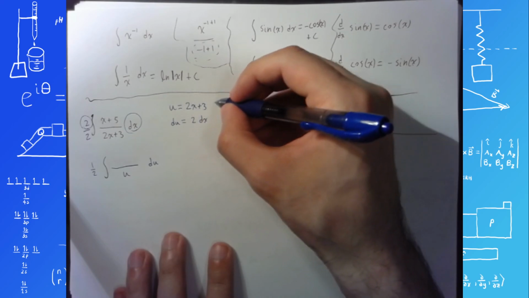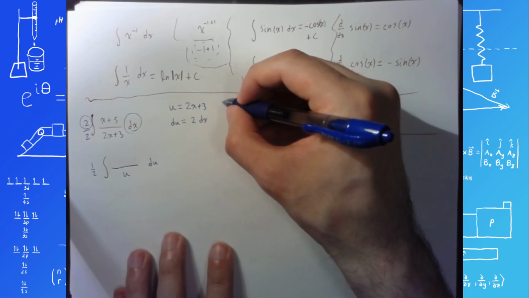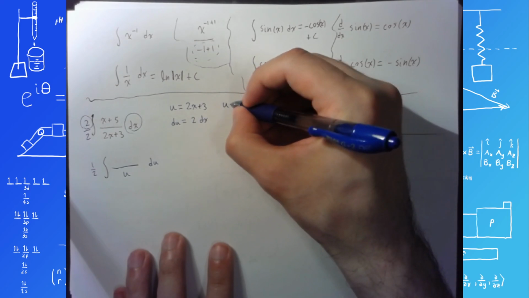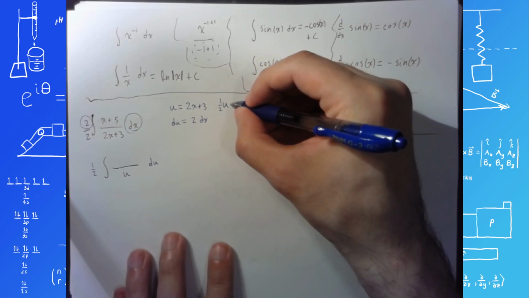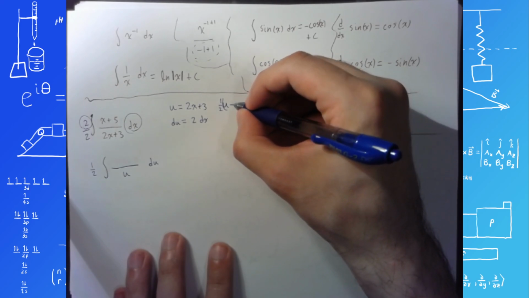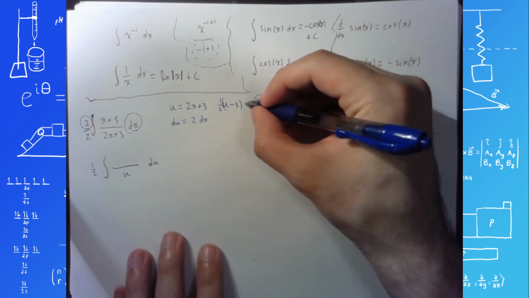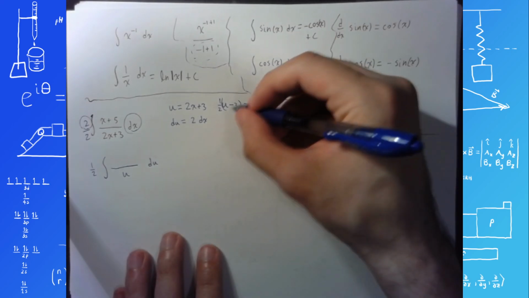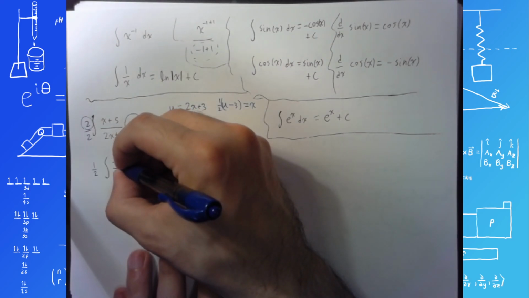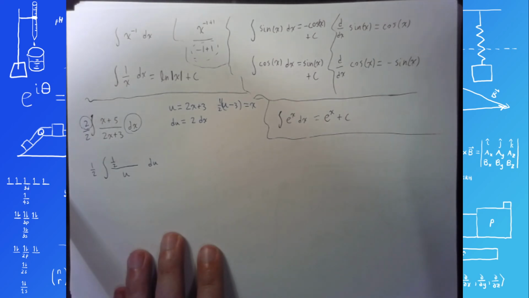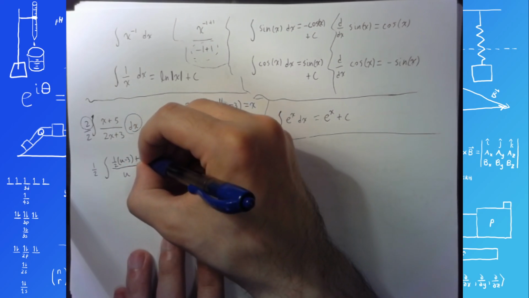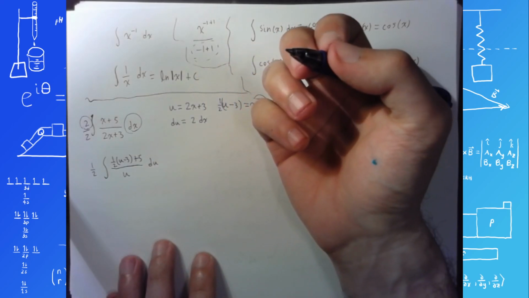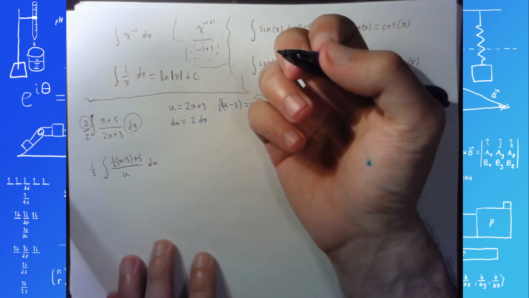To solve this for x, I would subtract 3 and divide by 2. So u minus 3 divided by 2. Actually, I'll do this: 1/2 on the outside and then u minus 3 equals x. Yeah, and I'll just keep it like that. So I'd have 1/2 u minus 3 plus 5.